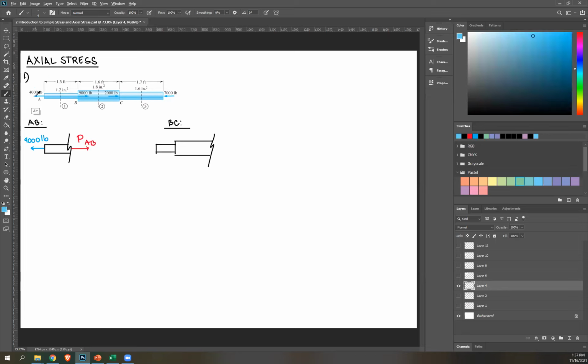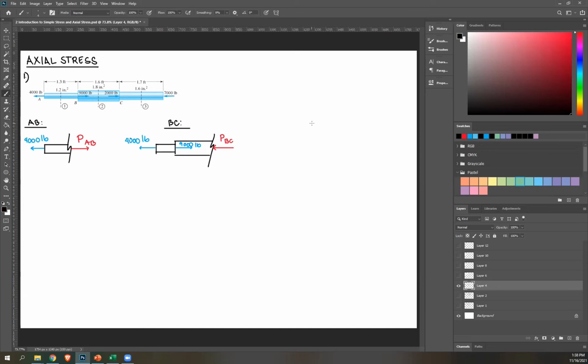I have a 4,000 here on the leftmost side, and then there's 9,000 pounds here on this side. And once again, you have your internal force where you cut. So you can make an intelligent guess. I have 9,000 to the right, 4,000 to the left. The force on the right is greater, so that means I need another force to the left to balance everything out. So I'm going to assume to the left, and let's call that PBC.